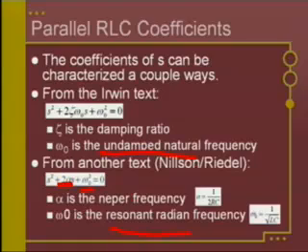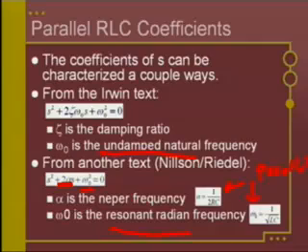For parallel circuits, it's important that, I think this is right, this one and this one are only good for parallel. Alpha will change when we start looking at series circuits, but omega naught will stay fixed at 1 over the square root of LC.